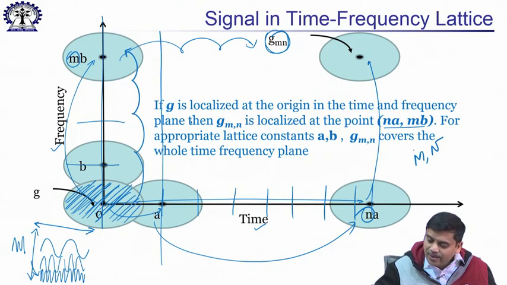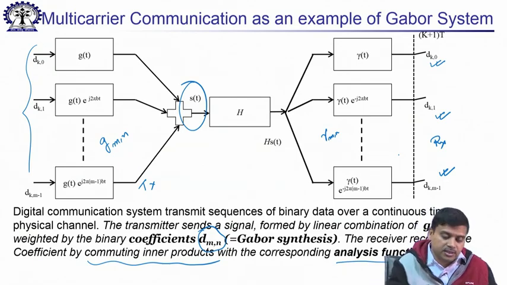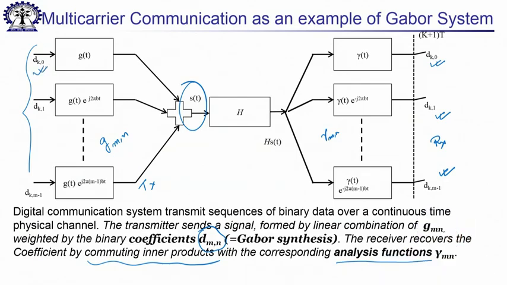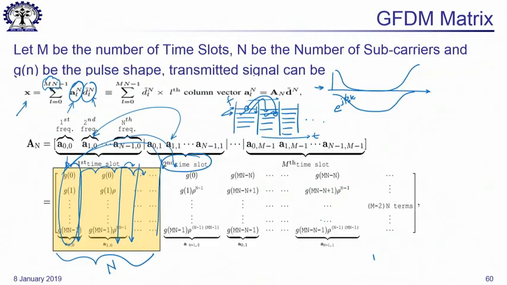So, you have m n number of Gabor atoms. Each Gabor atom is multiplied by a coefficient and it is sent out. Here correspondingly, each of them is multiplied by a coefficient and they are added together to produce the final signal form.